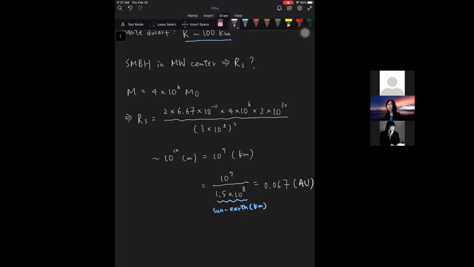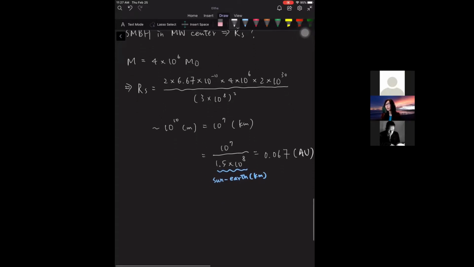But by calculating the Schwarzschild radius of our supermassive black hole, we know that we need at least a resolution of about 0.07 AU to resolve the black hole at the galactic center.